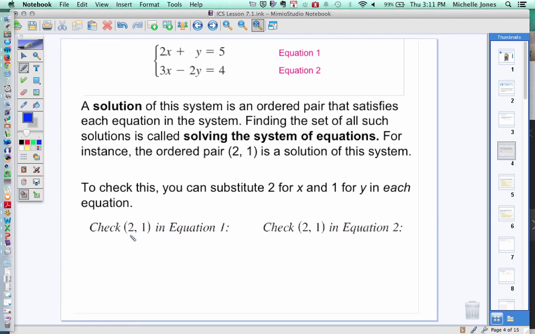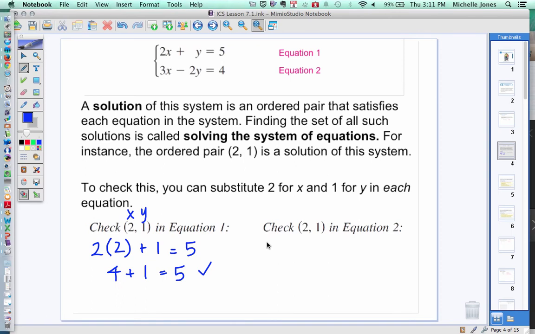So you take your ordered pair 2, 1 and you substitute it in. 2 is your x and 1 is your y. So we have in equation 1, 2x plus y equals 5. So you get 4 plus 1 equals 5. And that's right. So 2, 1 is a solution to equation 1.